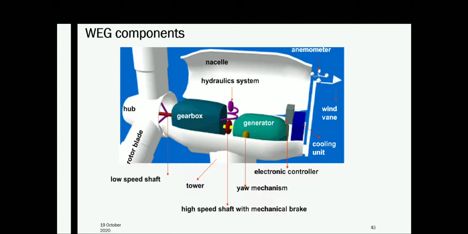It is an instrument used for showing the direction of the wind; this wind vane is a device that measures the direction of flow of wind. Sometimes it is known as a weather vane. And these are the main parts of the wind energy conversion systems.